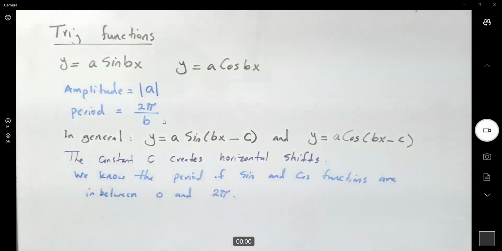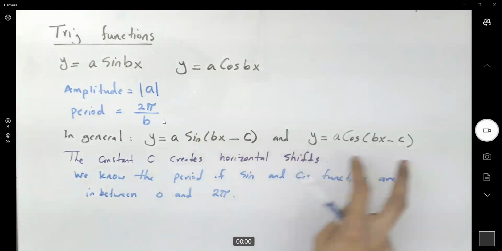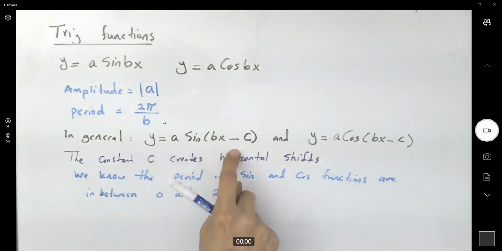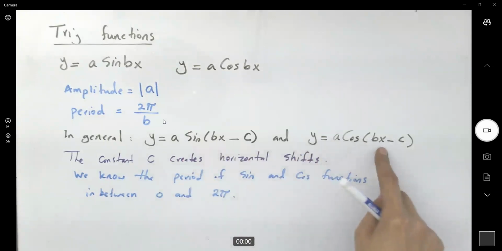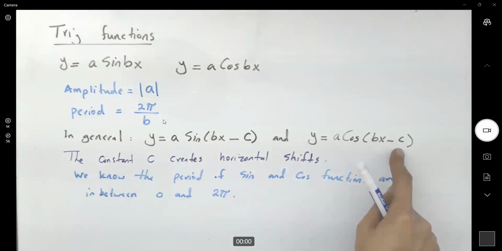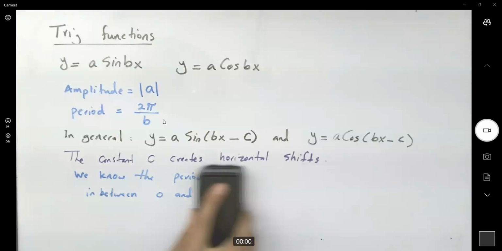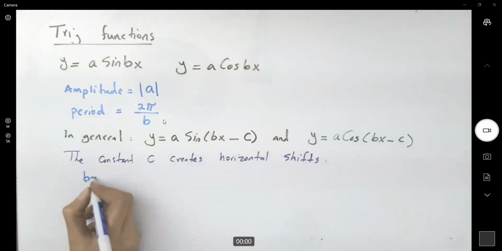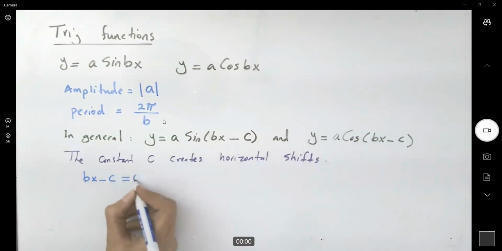Well, what are you going to do? You're going to take each of these two quantities, either a times sine of bx minus c, or a times cosine of bx minus c, and solve for x. bx minus c is equal to 0.